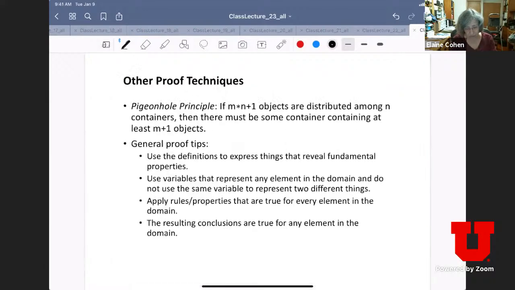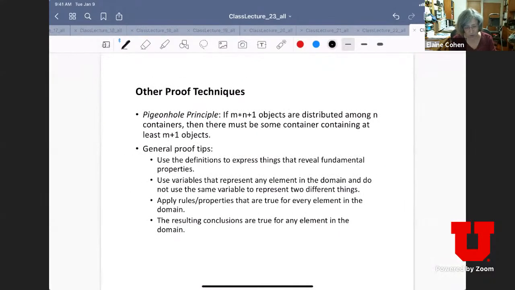In general, this is not just pigeonhole, but general proof techniques, okay, is to always use definitions to express things that reveal fundamental properties. Use variables to represent any element in the domain. Don't pick a constant and say, gee, it's true for when m is 3. That's not a proof. That's an example. Okay.